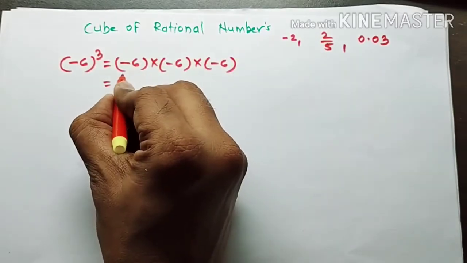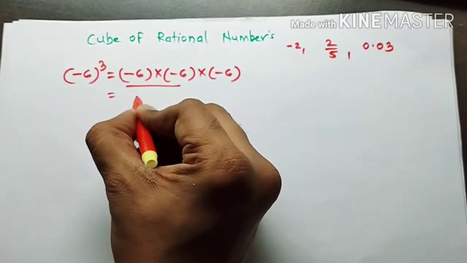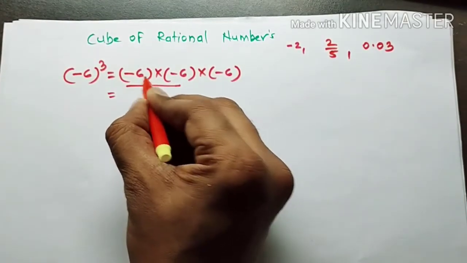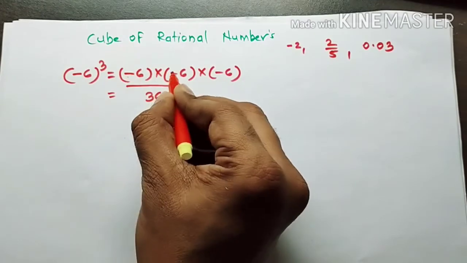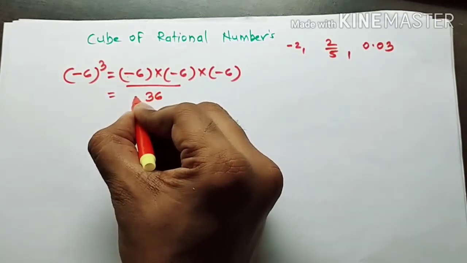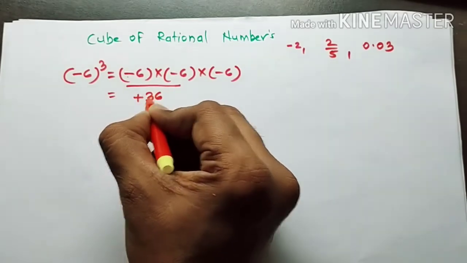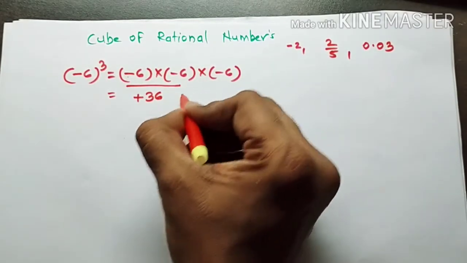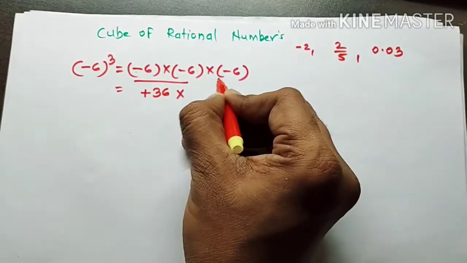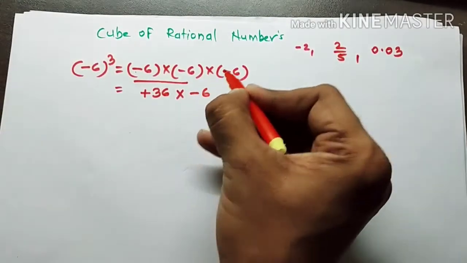You get 6 into 6, 36, but there is minus and minus; minus into minus is plus, there is a plus sign. Now this minus 6 is remaining.